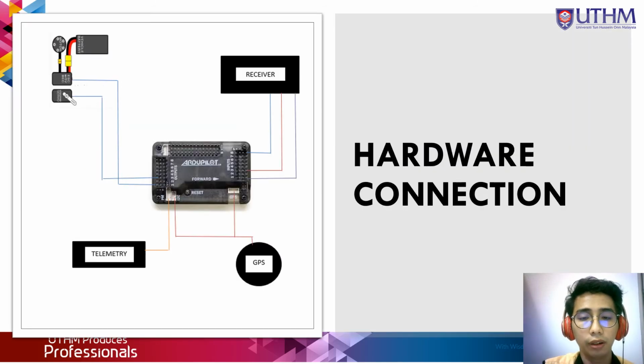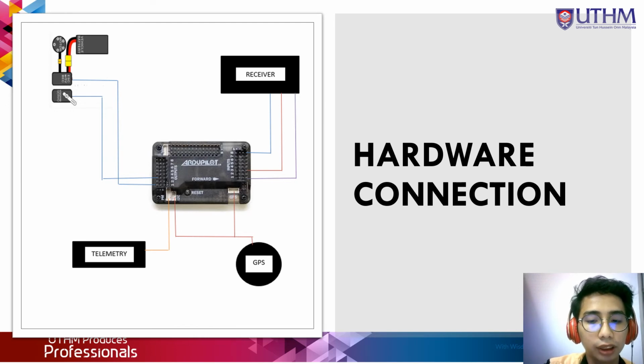Okay, as for the hardware connection, firstly the connection of the components is the motor, so the servo from the RC car will connect to output pins 1 and 3 at the APM, and then the APM input pins will be connected to the receiver by connecting input pin 8 to receiver channel 5, input pin 3 to receiver channel 2, and input pin 1 to receiver channel 1.